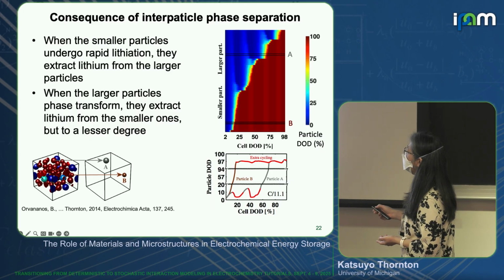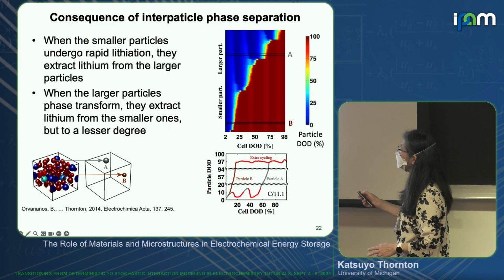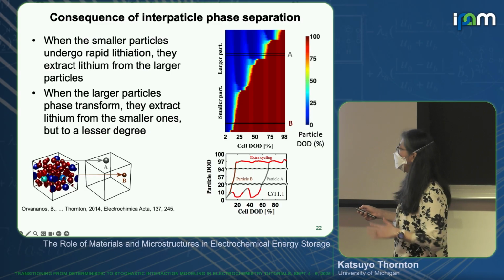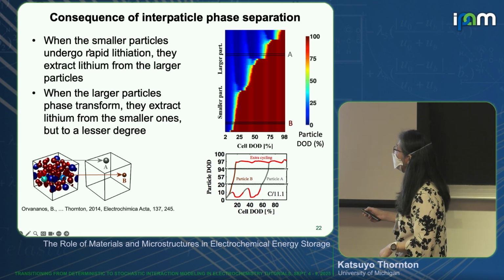When the smaller particles undergo rapid lithiation, they extract lithium from other particles, as you can see in that diagram.